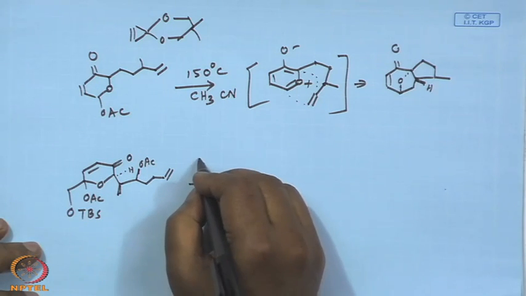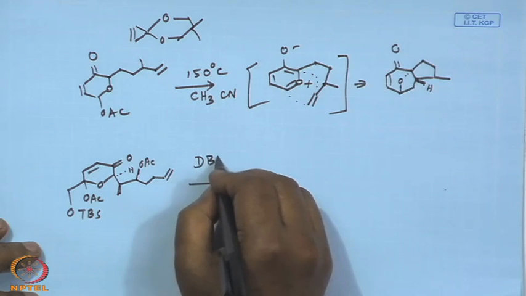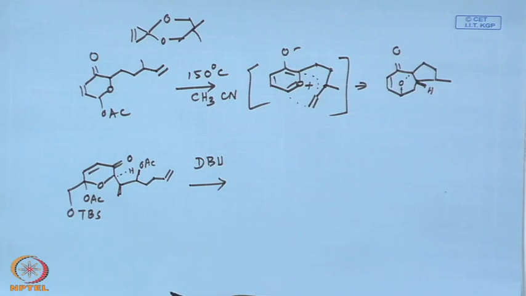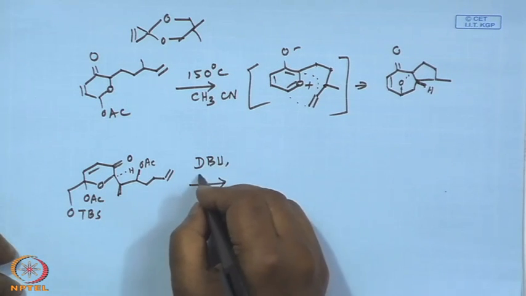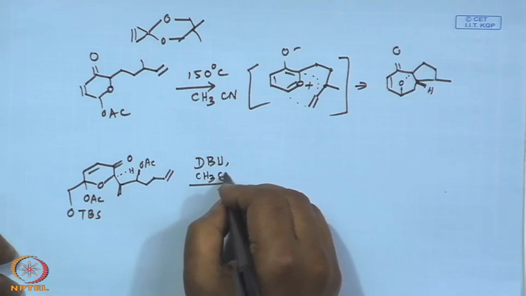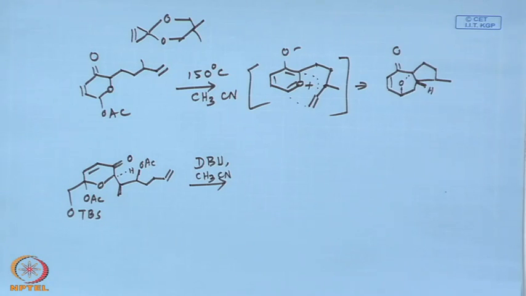Now, if you just treat this with DBU, diazabicycloundecene, in acetonitrile, so just a strong base in place of triethylamine, what do you get?